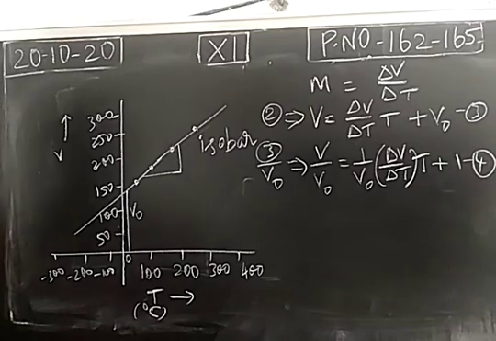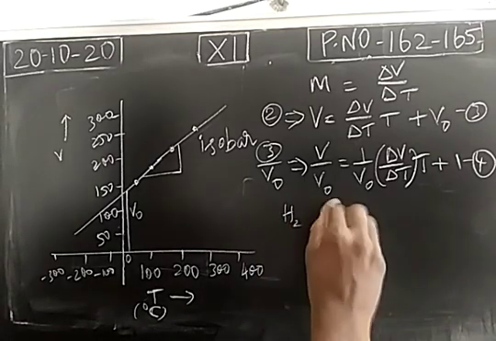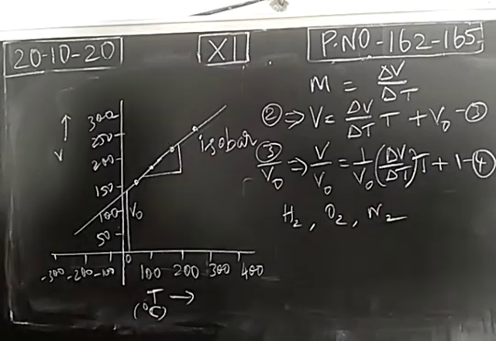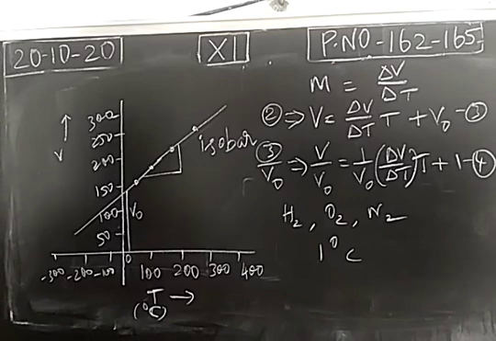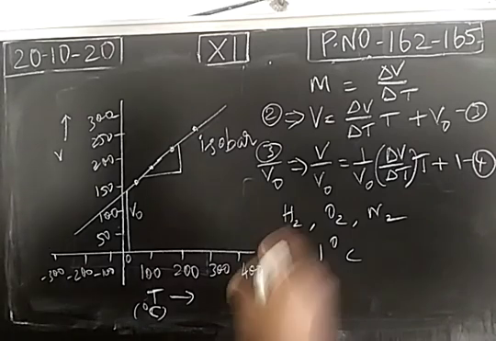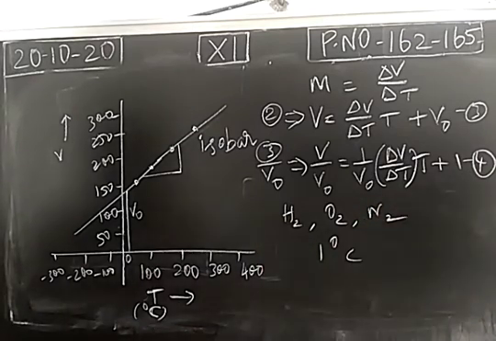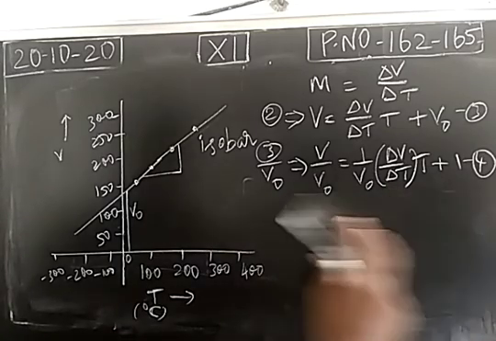We can take different gases like hydrogen, oxygen, nitrogen. The increase in volume of different gases per degree rise of temperature, we just increase the temperature by 1 degree Celsius. So the increase in volume of different gases for a 1 degree rise of temperature will be the same. Whatever may be the gas, the volume increase for a 1 degree rise of temperature will be the same. So this is their assumption. Okay.